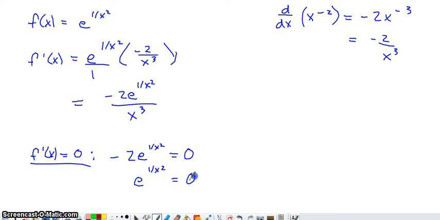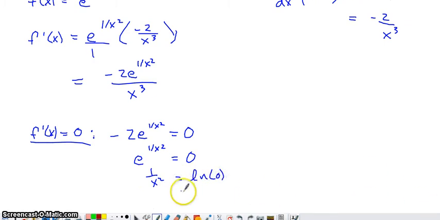And that's just basically going to make the negative 2 go away, because 0 divided by negative 2 is still 0. And then if I take the natural log of each side, I'm going to get 1 over x squared on the left, and then on the right, I'm going to have the natural log of 0. Well, the natural log of 0 is undefined, so although we had to consider setting that numerator equal to 0, we don't have any places where this first derivative equals 0.